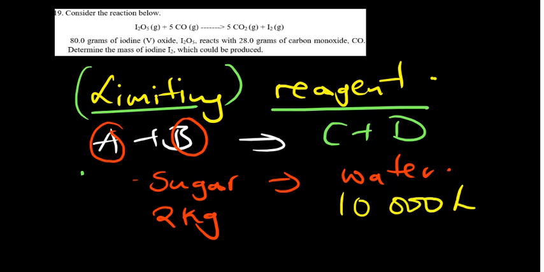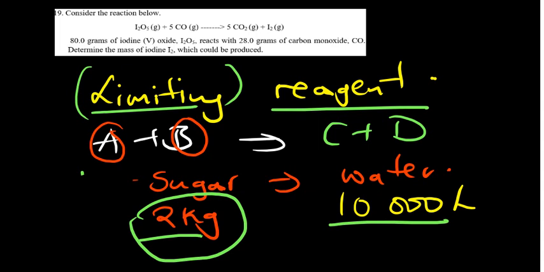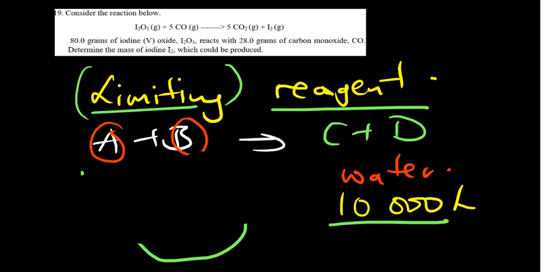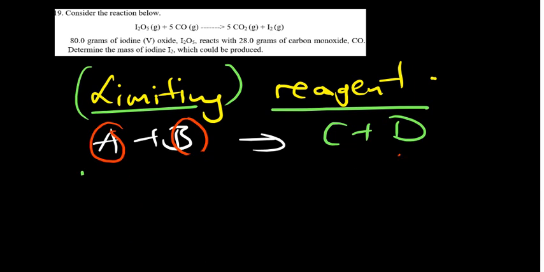It doesn't mean that you're going to add the entire sugar to the water that you have. It's like your sugar is limiting you. So the sugar is determining how much water you're going to use to come up with your solution. So in this case, we can say that the sugar is the limiting what? Reagent. It is limiting how much of the solution you can make or come up with. So that's the way we need to think about the limiting reagent.